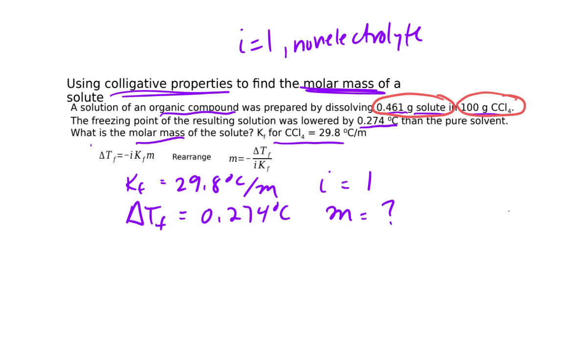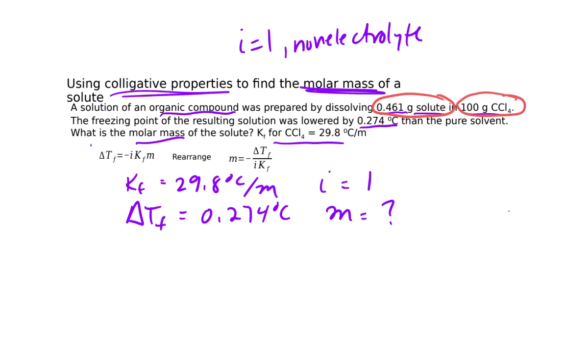But those don't get us molality, right? And we don't have a molar mass. We're trying to find the molar mass. So let's first use our delta T F equation to solve for molality, m.